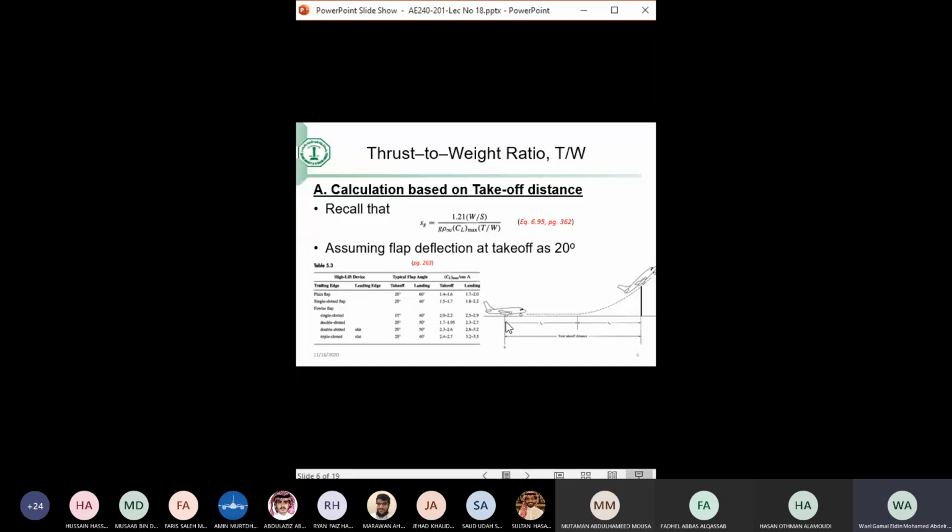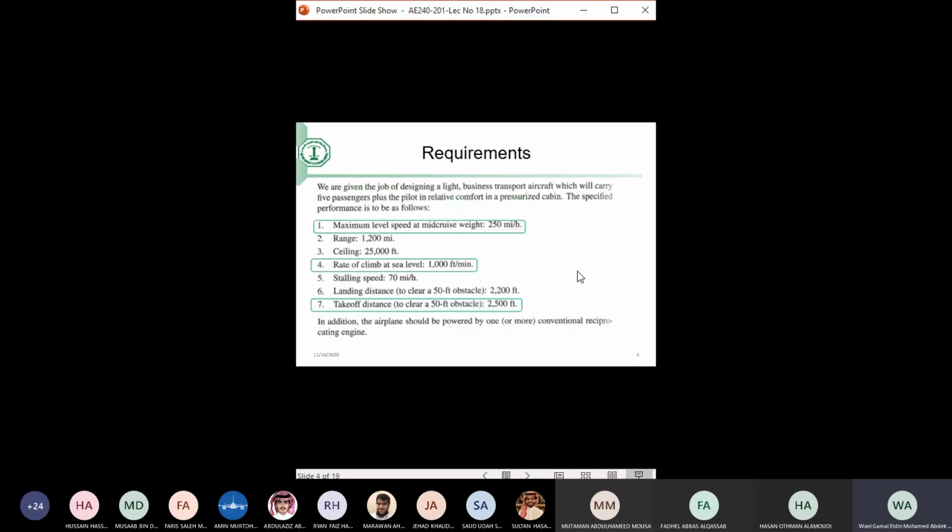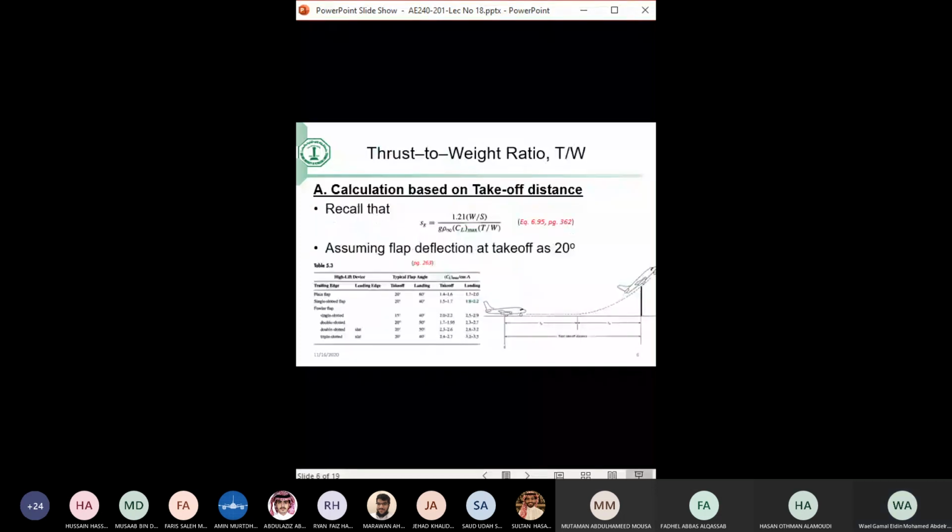So what I know right now is that SG plus SA is 2500. That's the requirement that we had. The total distance is 2500. Okay. So in here, let's put SG first.